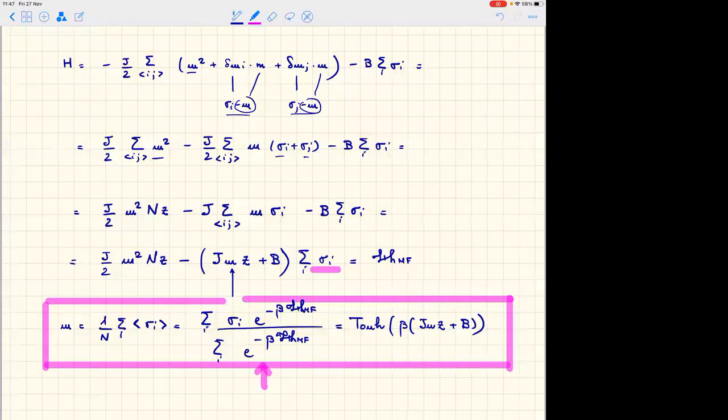Third last equation, actually. Sorry? Can you repeat the third last equation? J by 2 M squared N Z, this equation. Minus J summation over I, J, M sigma I, third last equation. Minus JMZ.